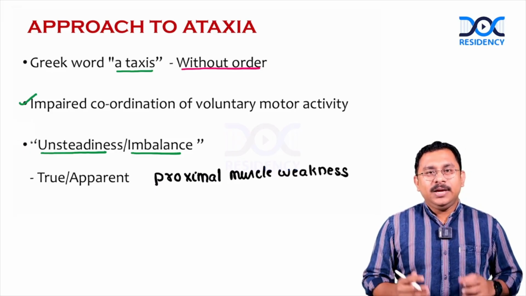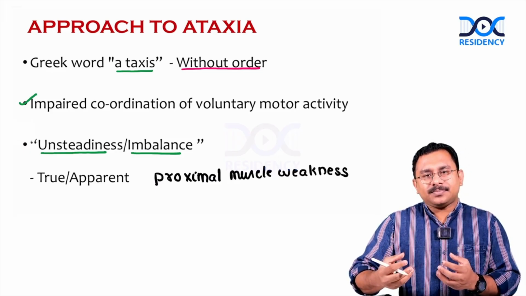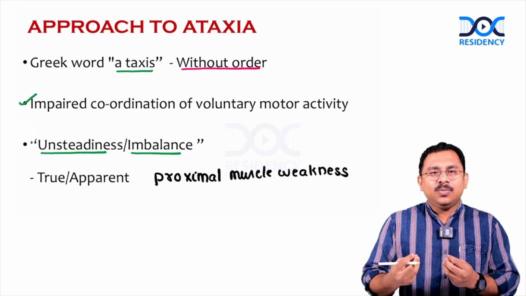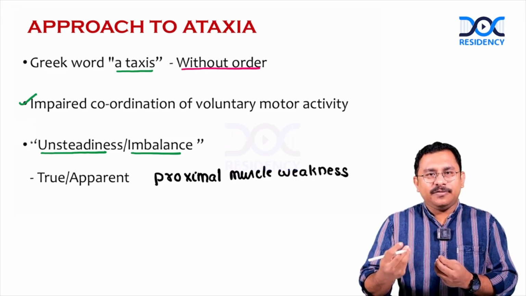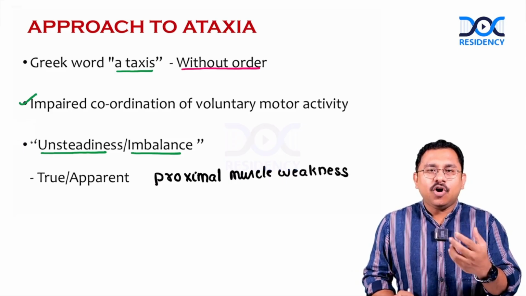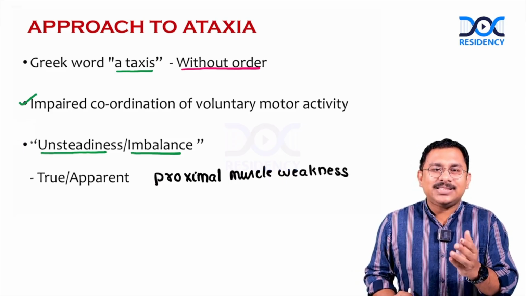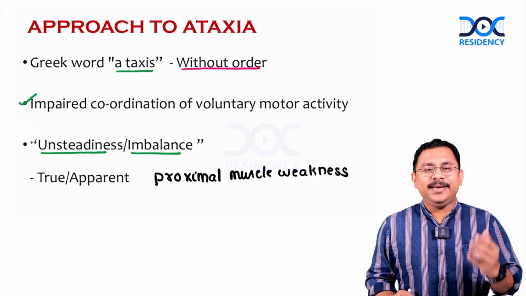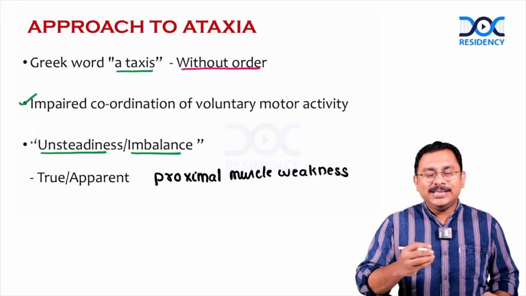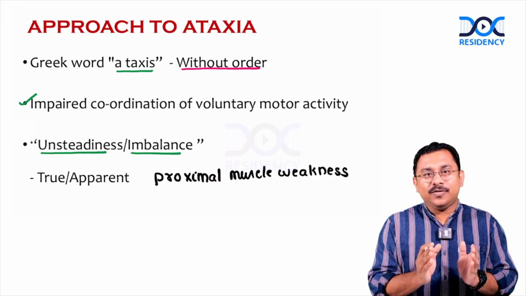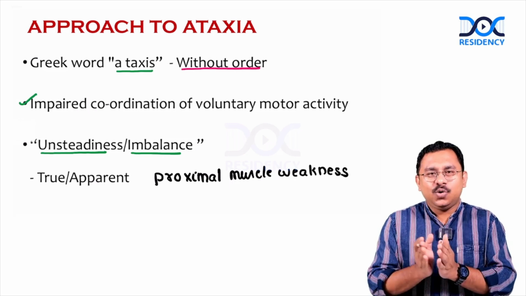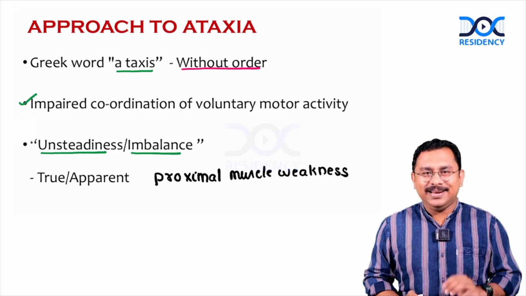Even patients with hemiplegia, when they are having a mild sort of weakness, might also say that they're having some sort of unsteady gait. So please understand that you've got to differentiate the true ataxia from apparent ataxia.